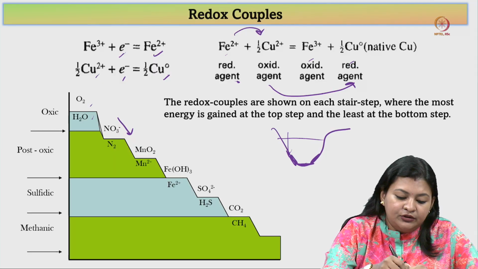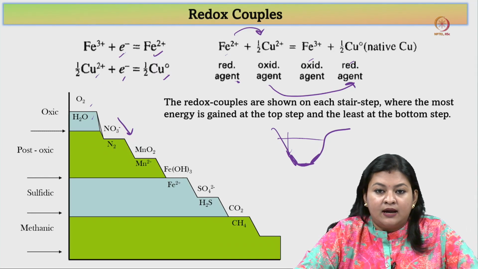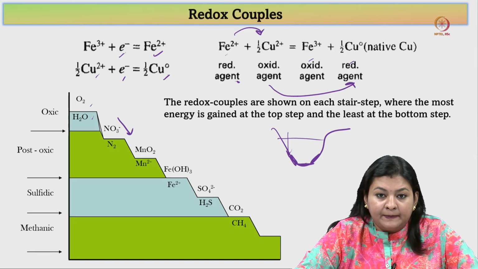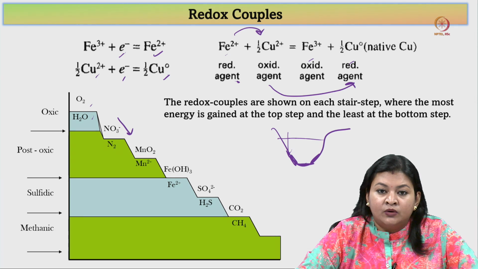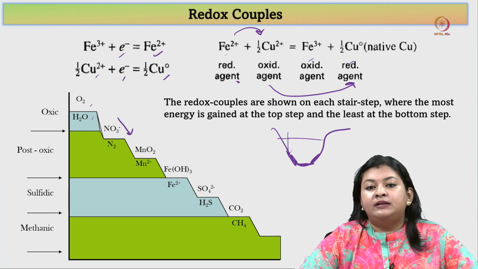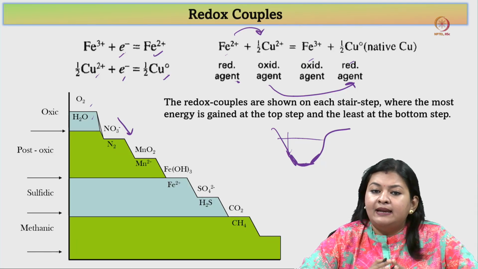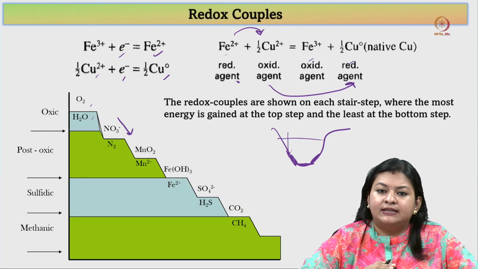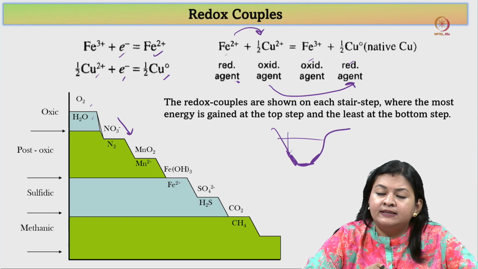Further little down you will have manganese oxides. They will start dissolving and they will be released as manganese. In an oxic environment, manganese forms manganese oxide, it is insoluble, and it settles down. So, in oxic conditions in aquatic environments, you will find the concentration of manganese is extremely low.